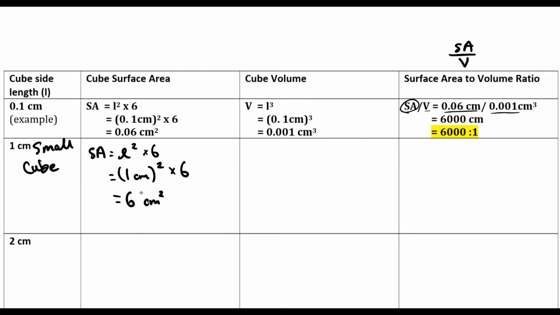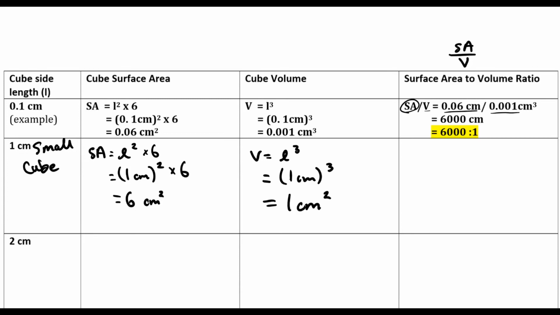So that's the surface area for a 1 centimeter cube. The volume is going to be the length cubed. So the length is 1 centimeter raised to the power 3. When I put that into my calculator, that's the same thing as going 1 times 1 times 1. So we're going to get 1 cubic centimeter.